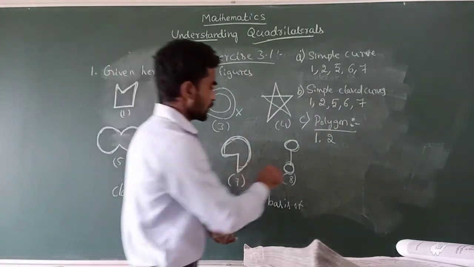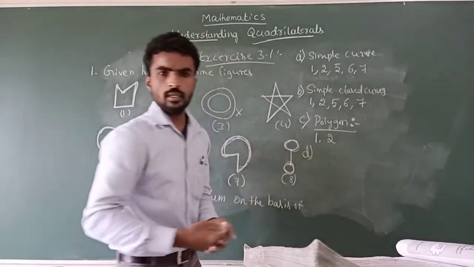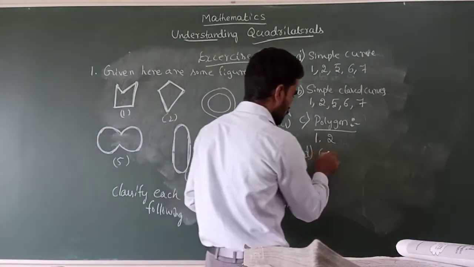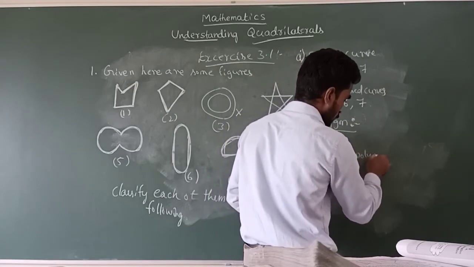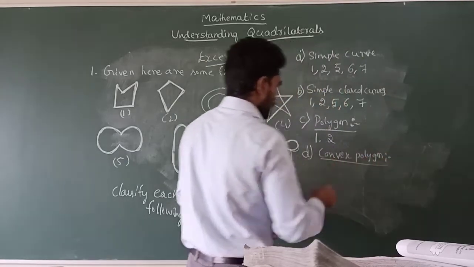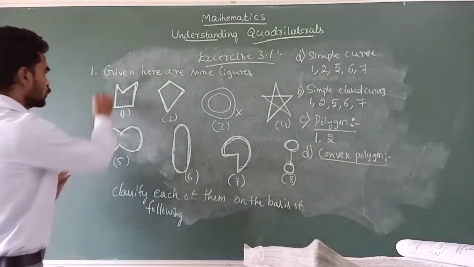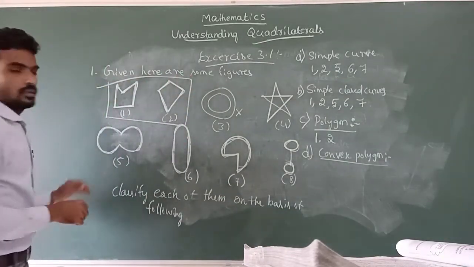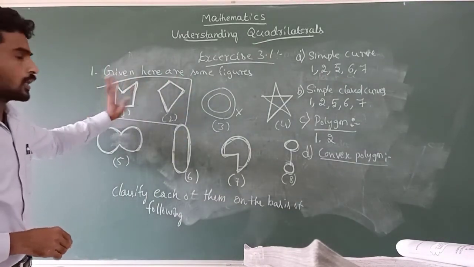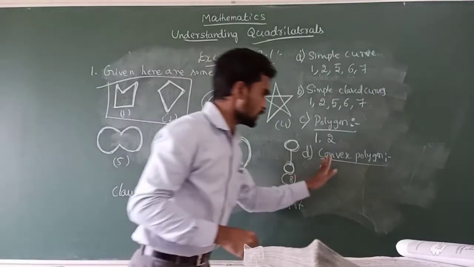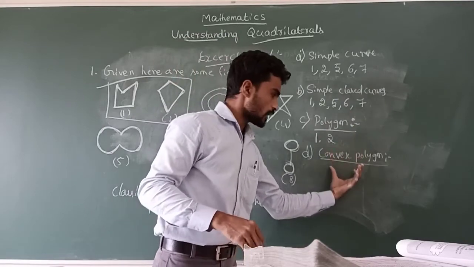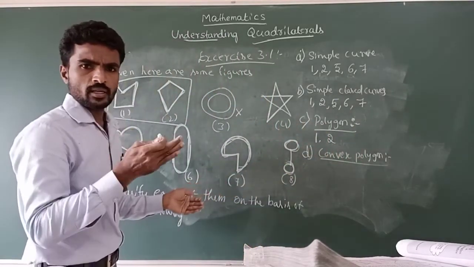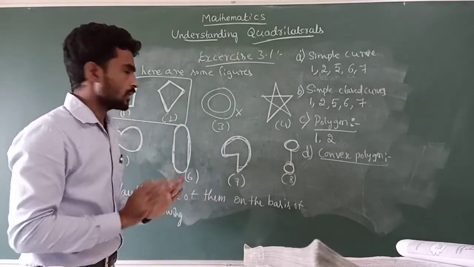Now D sub question, convex polygon. In these figures there are 2 polygons. We already know about convex polygons. What is a convex polygon? Convex polygon means all interior angles are less than 180 degrees.